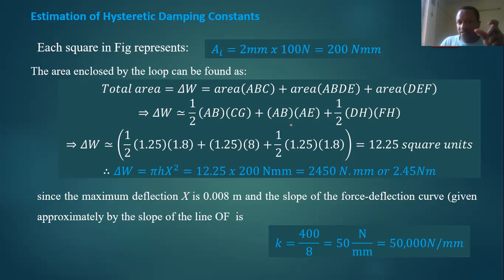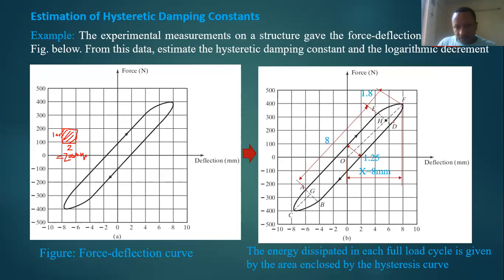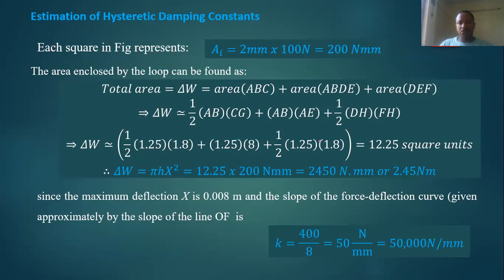And the inner part as a rectangle, so AB times AE plus half DEFH. Every dimension is there. From here to here, consider 1.25. This is considered 1.8. From here to here, it is 8. So substituting this, finally we get 12.25 square units.